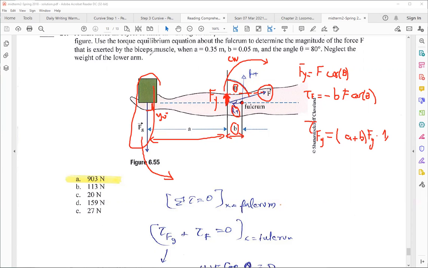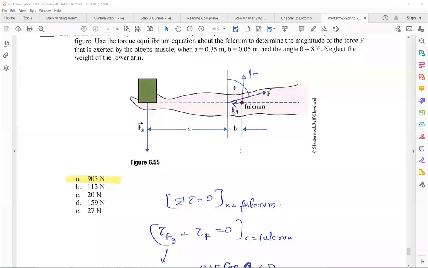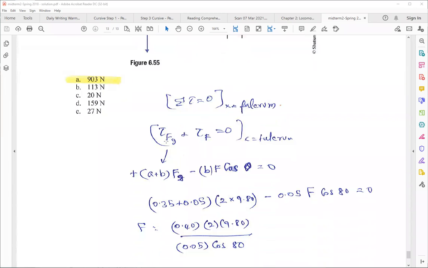Now, let's summarize everything we said so far. The system is in equilibrium, which means torque due to gravitational force plus torque due to the force in the muscle will be equal to 0.